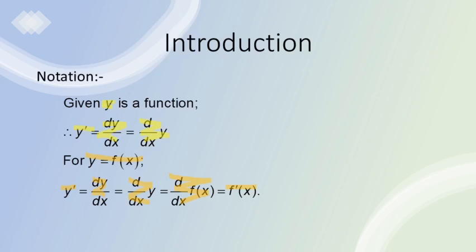If your function is y equals f(x), you can use y prime, dy over dx, d over dx of y, d over dx of f(x), or f prime x. Many names, but we call it the same result.